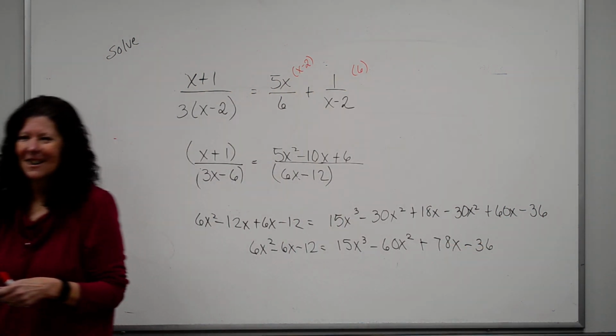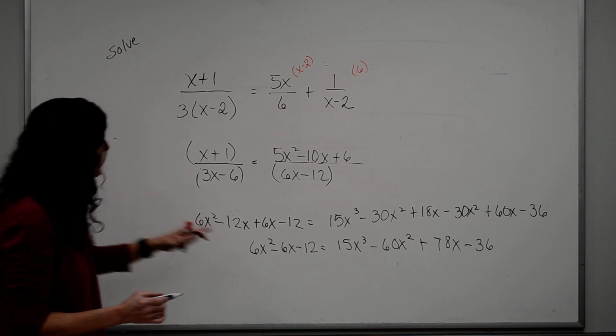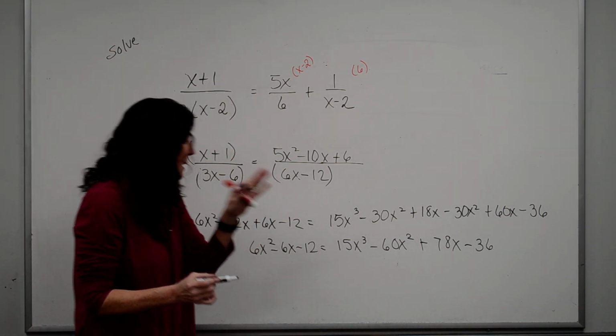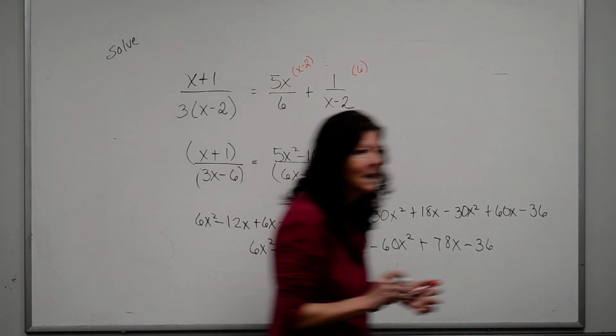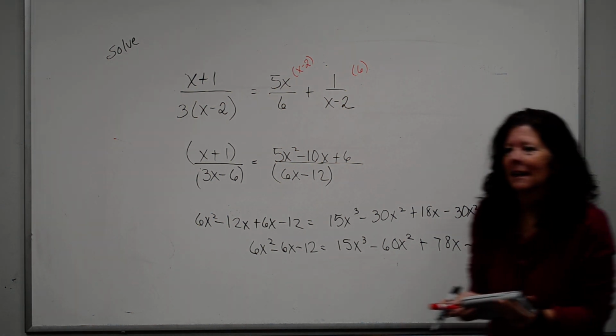You with me so far? Okay, now I can tell by the look on your face that you would prefer to do it the other way. Then I have to bring everything to one side. I'm going to continue the problem out, and I hope that I didn't make a careless mistake in it because then we're going to be messed up and have to go back and do it again.